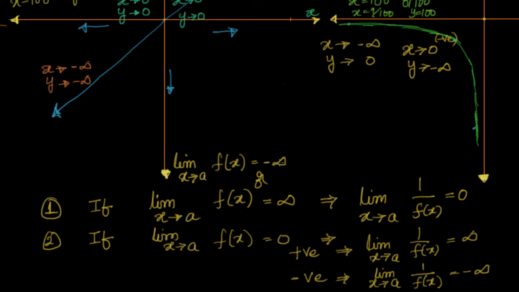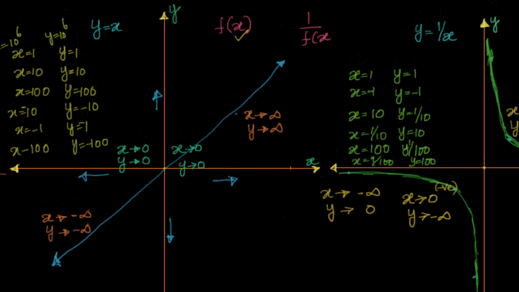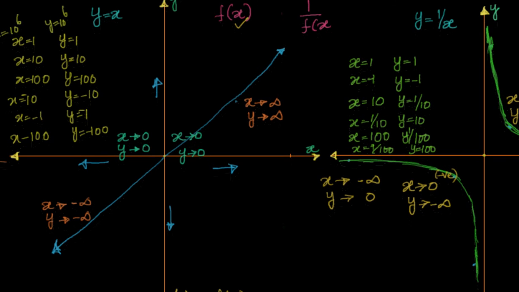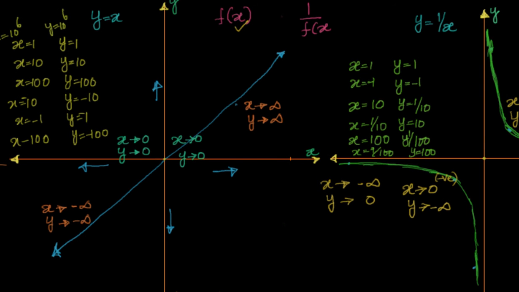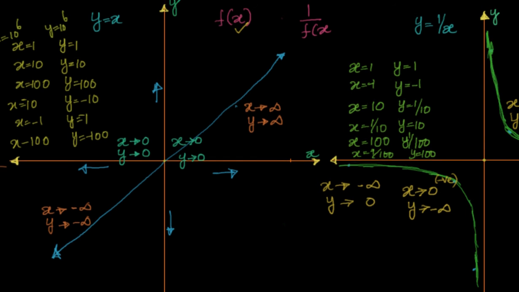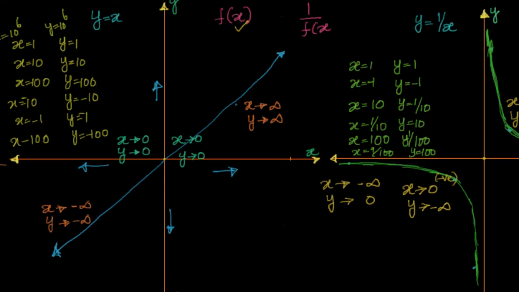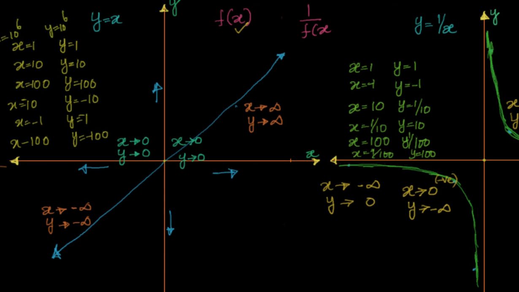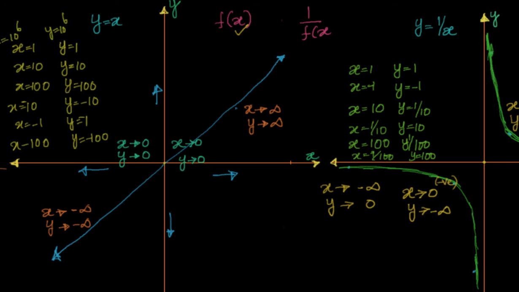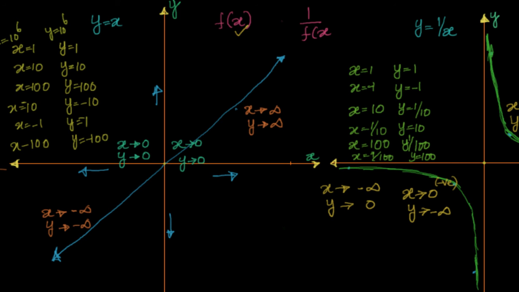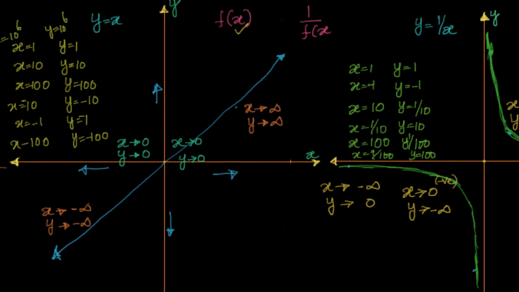So let me summarize what we have observed from these two graphs. If x tends to a particular value, f of x is tending to infinity, then 1 by f of x tends to 0. If x tends to a, f of x is tending to 0, then 1 by f of x will go to positive infinity if x values are in the positive deleted neighborhood, and to negative infinity if x is in the negative deleted neighborhood.